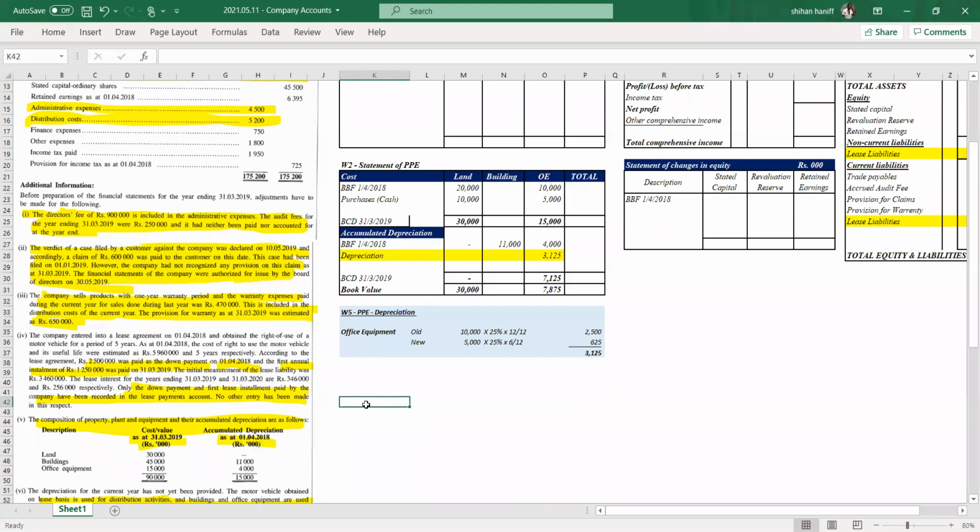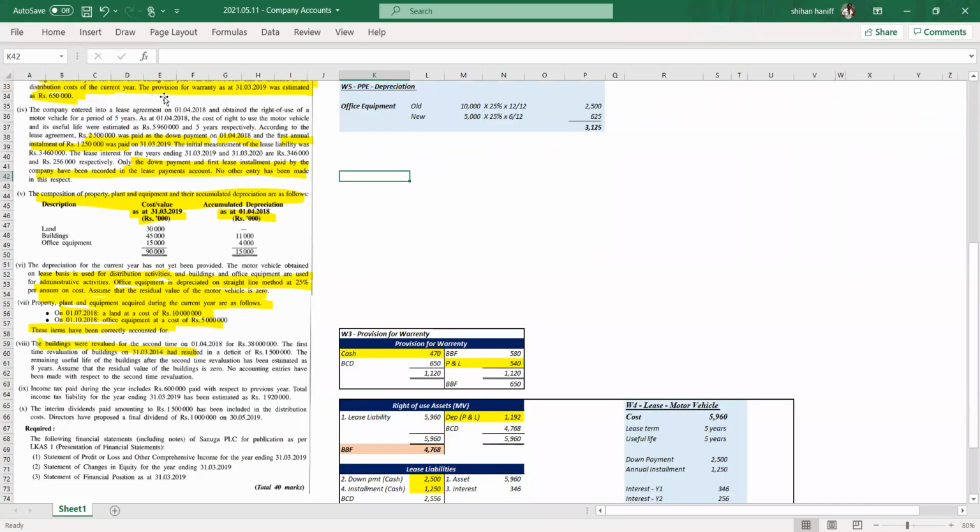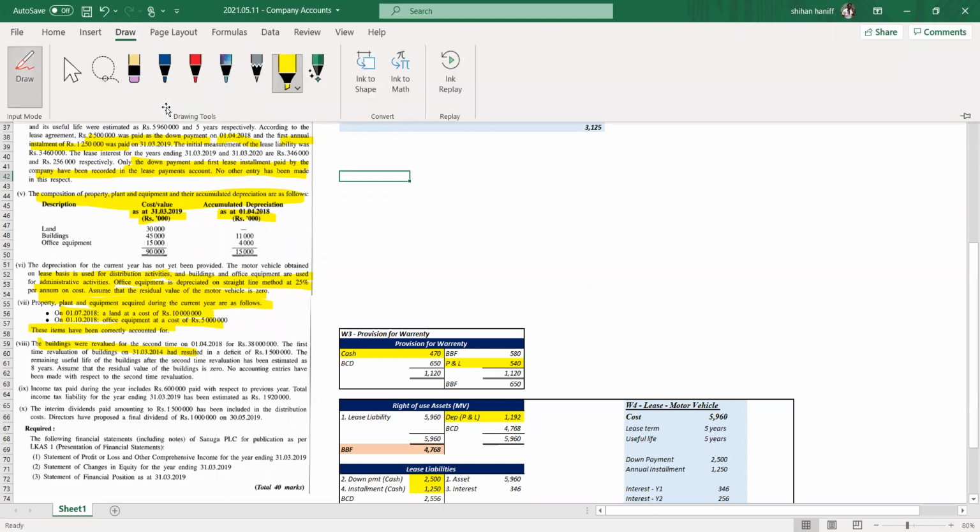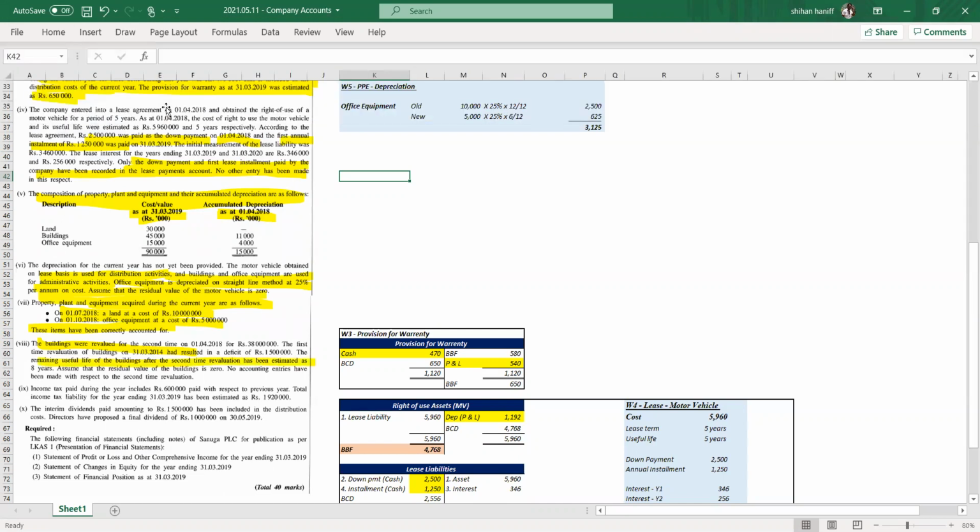So what happened is the building was revalued for the second time on 1st of April 2018 for 38 million. The first time revaluation of the building on 31st March 2014 had resulted in a deficit of 1,500. The remaining useful life of the building after the second revaluation has been estimated as 8 years.